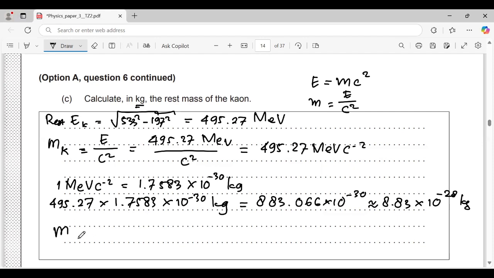So the mass of the kaon in kilograms is 8.83 times 10 power minus 28 kilograms.